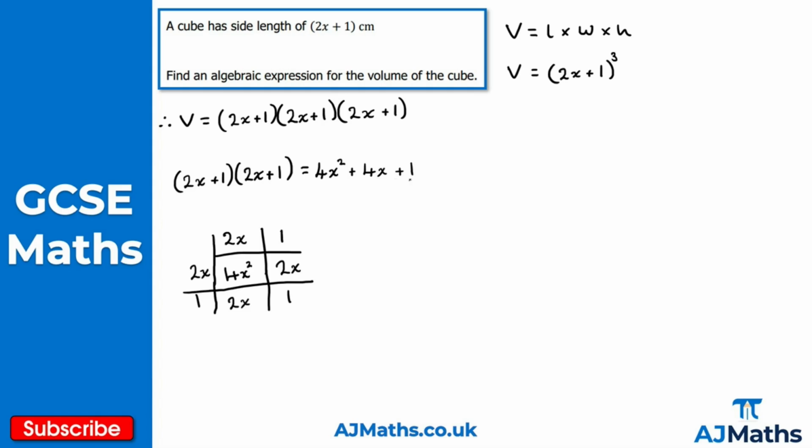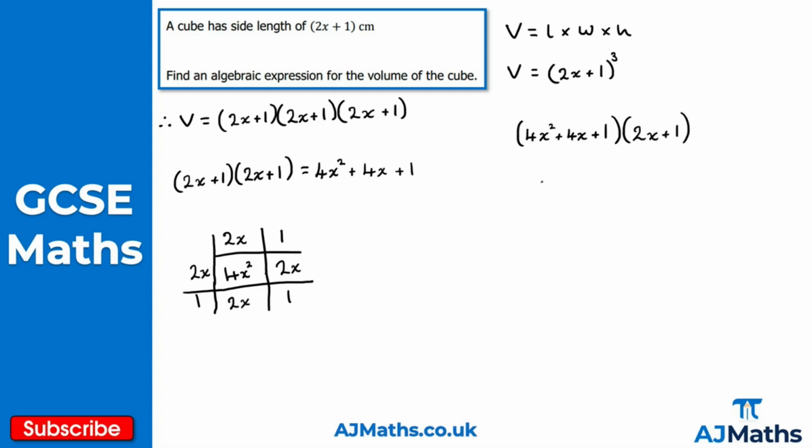What I'm going to do now is take this quadratic and multiply it with our last bracket, which is obviously going to be 2x plus 1. So over here, I've got 4x squared plus 4x plus 1, and I multiply that by my last bracket, which is 2x plus 1.